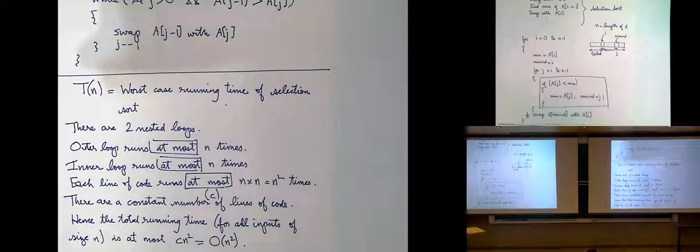What I've written isn't the most formal proof, but it's a semi-formal argument for why T of n is O of n squared.